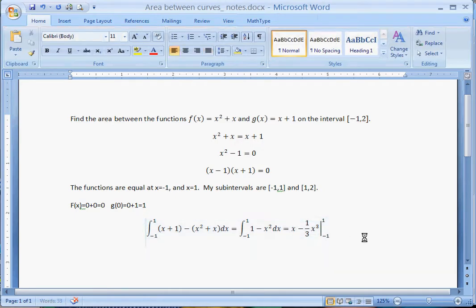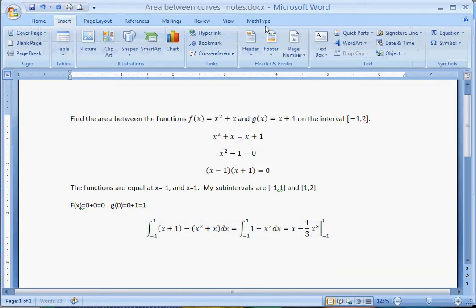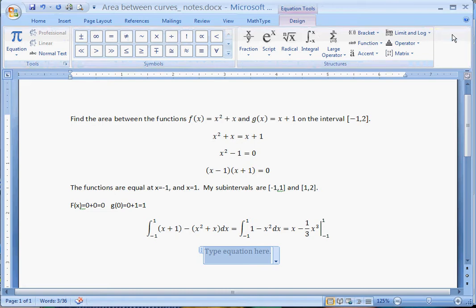Now we need to evaluate that whole thing. How do we evaluate it? Well, I'm going to plug in 1, so I have 1 minus 1/3 times 1 to the third. Let's see if I can put a space so that it separates it rightly. So that's the first piece.